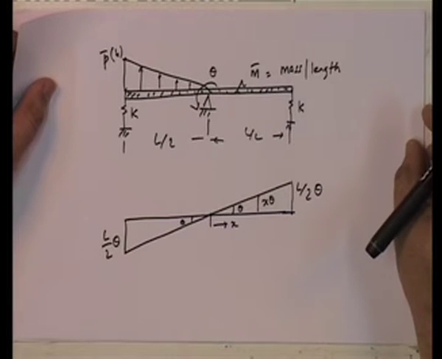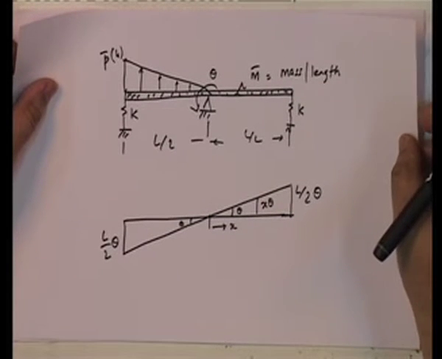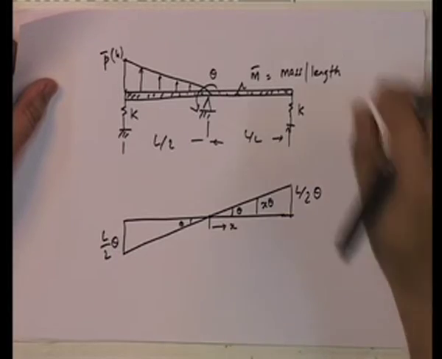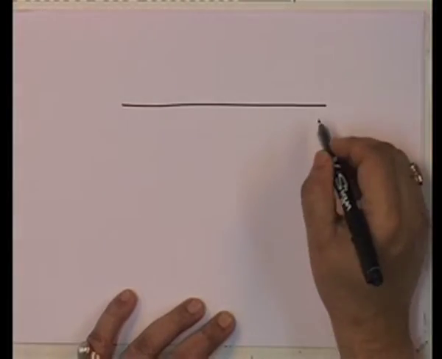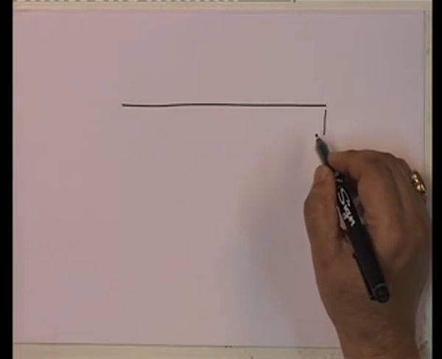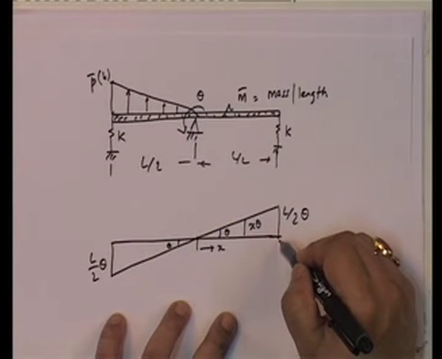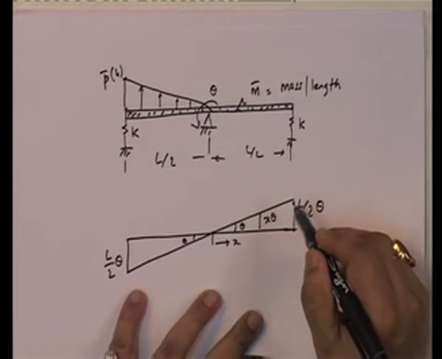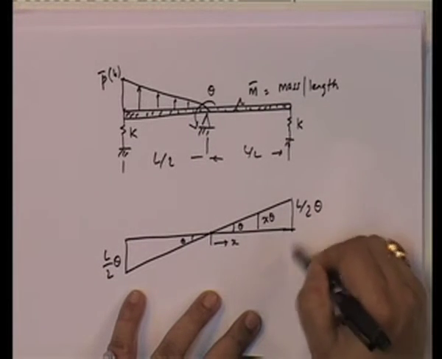And now I need to find out the forces. I am going to write down the forces over here. Since this is undergoing displacement in this direction, the force is going to oppose it.